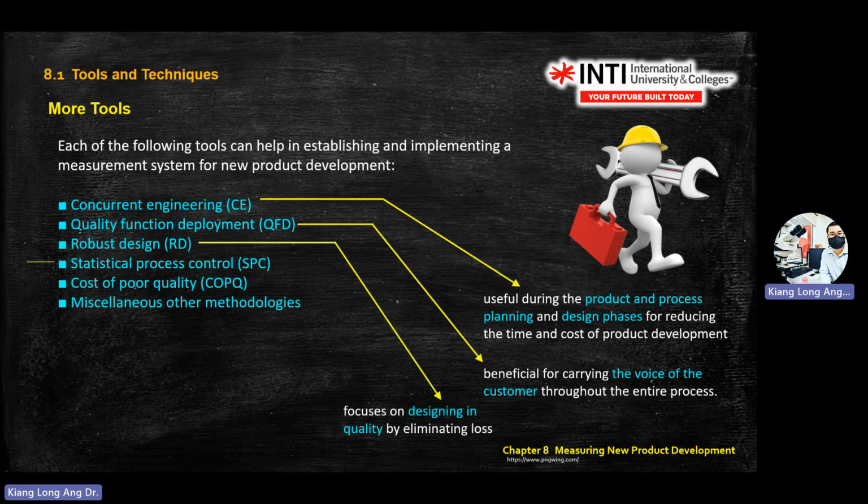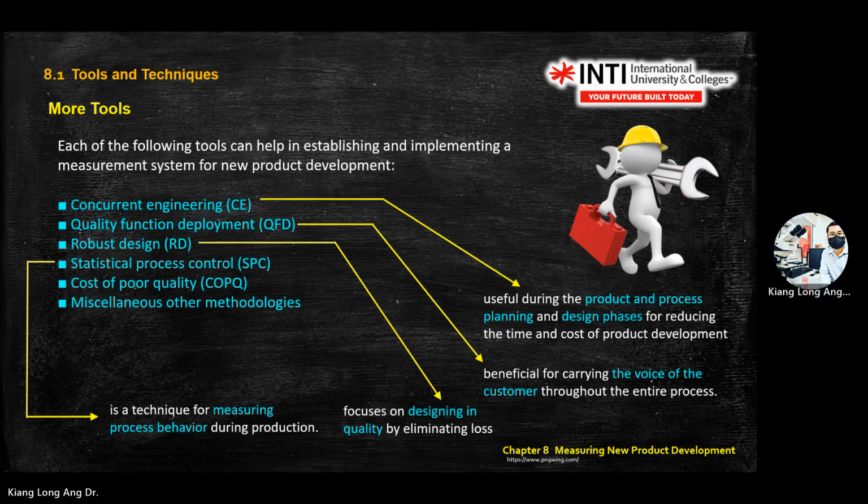So these are the benefits and where we use them, right? So concurrent engineering is when you have a design process and planning, you go parallel to save time and also cost. QFD, quality function deployment, this one is to highlight the customer requirement in the process.